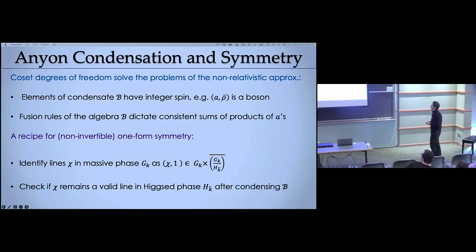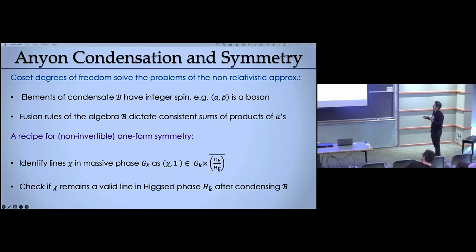Okay, so the coset degrees of freedom that I introduced solve the problems of the non-relativistic approximation that I talked about. First of all, the elements of B that can condense have integer spin. So for instance, even though A didn't have integer spin, it pairs up with some coset mode to become a boson. The fusion rules of the algebra dictate the consistent sums of products.